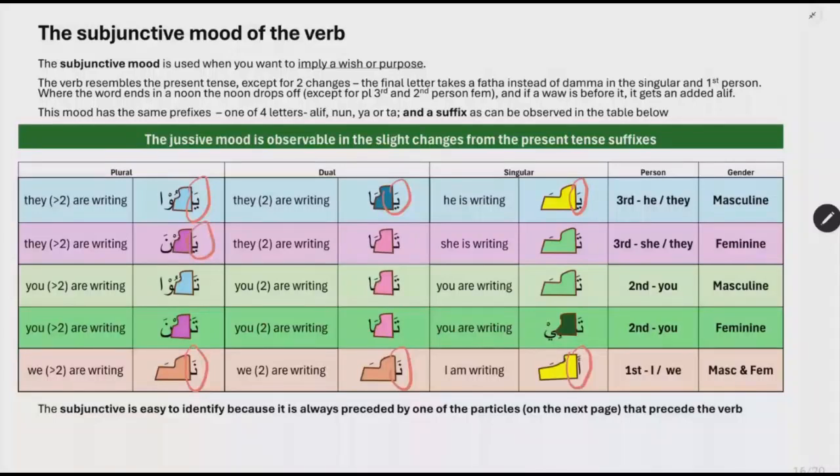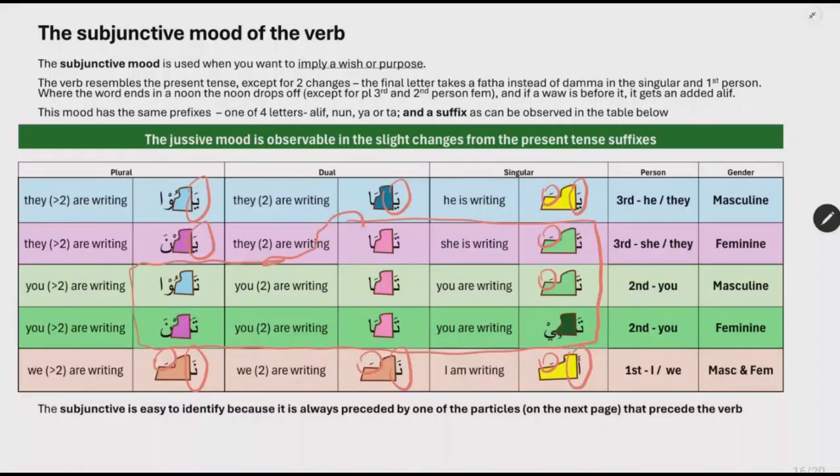And then the ta as a prefix appears in all these again. Can you see that common feature? The ta is in all of them, at the front. As far as the suffixes go, here we said there's fatha, fatha, fatha, fatha, fatha, fatha. That's the main feature of this subjunctive mode.